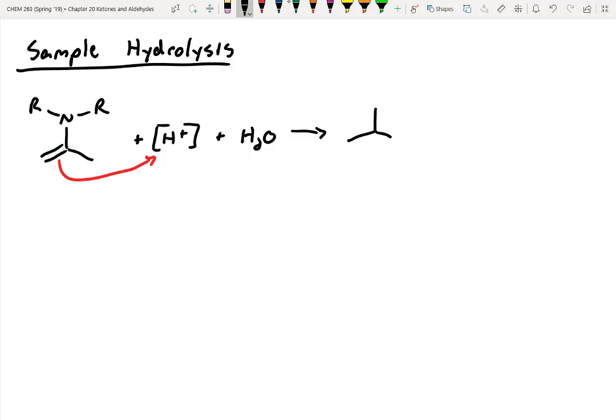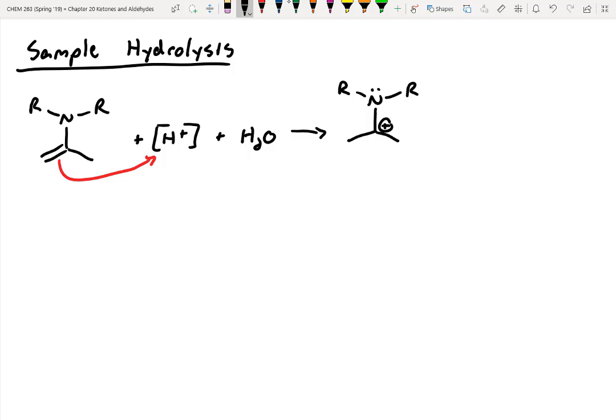In this case, we're going to end up with our positive charge on the more substituted carbon. Why? Carbocation stability. It's on a highly substituted carbon, stabilizes it. What else? Resonance, right? So it's resonance stabilized. So that's a good thing to have.